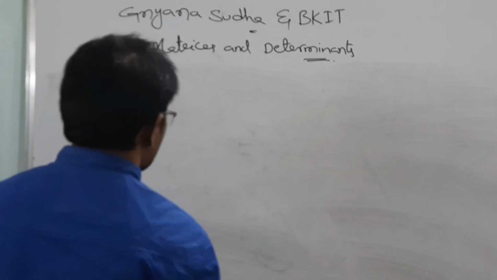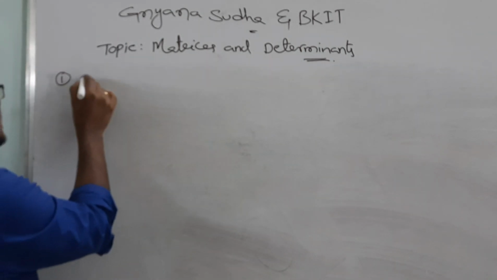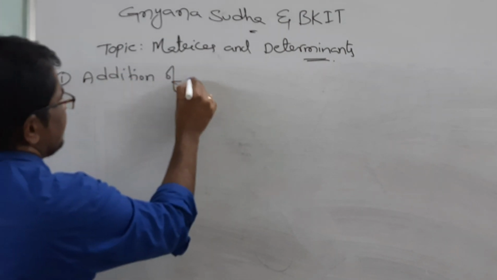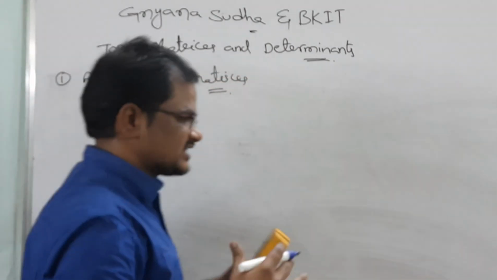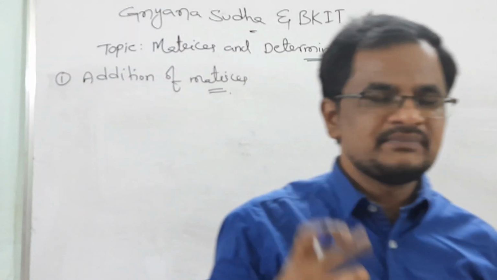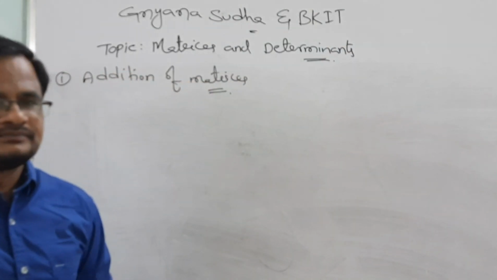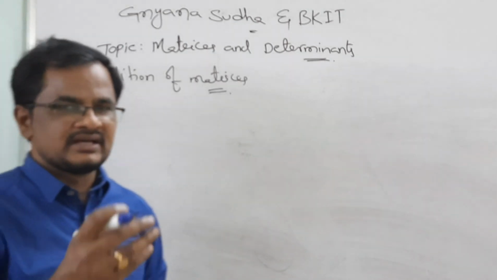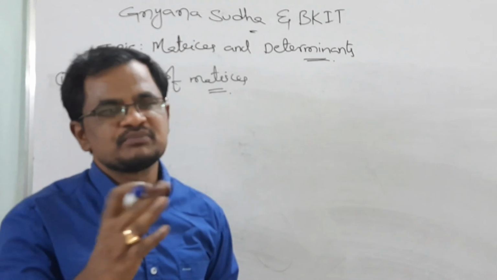Next one is operations on matrices. In that, the first one is addition of matrices. I will explain in a simple manner. Your concept is important. The sum of two matrices is also a matrix obtained by adding the corresponding elements.